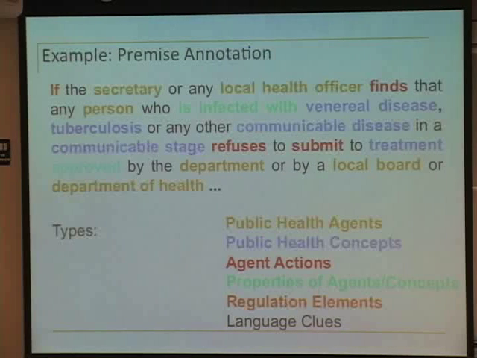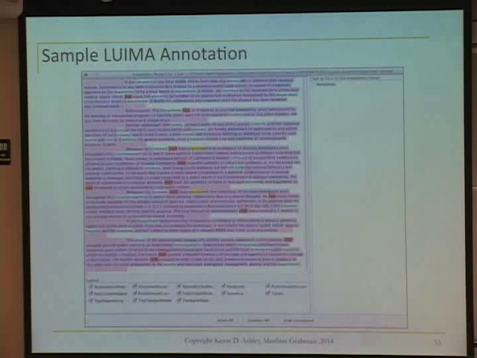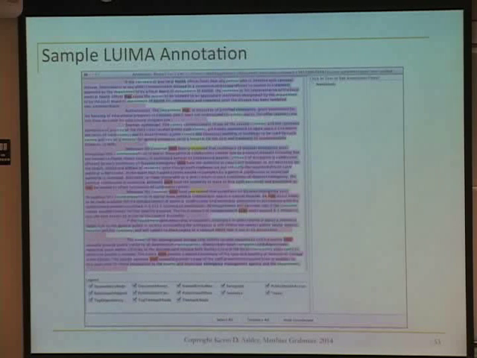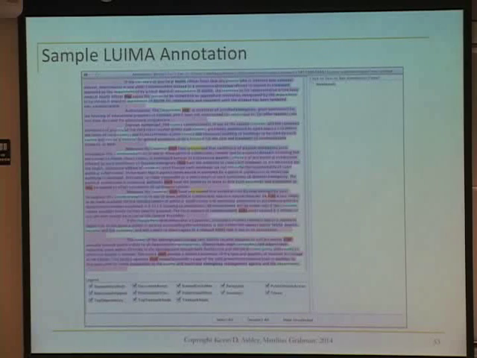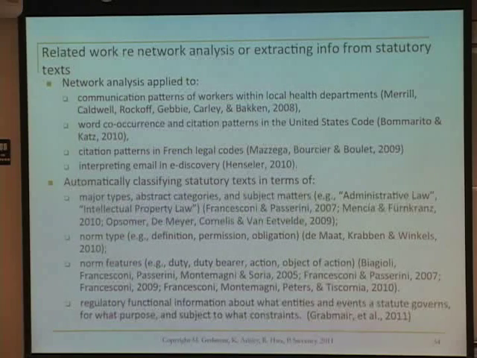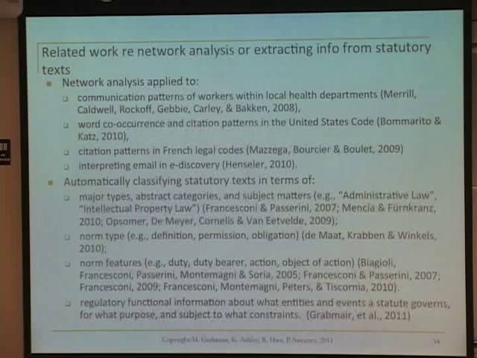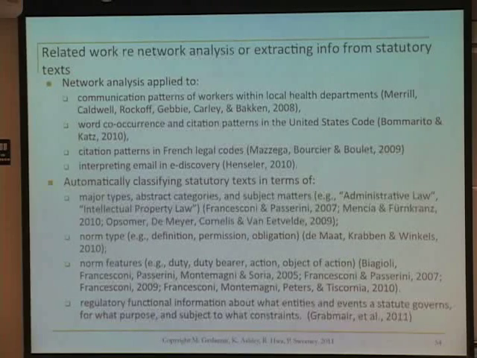And then for each of the premise and the consequent, we would annotate it in terms of the public health agents, concepts, agent actions, properties of the agents and concepts, some kind of an abstraction from the public health coding scheme, in that same kind of a LUEMA annotation environment, but this time where the types system has been tailored to this statutory domain, and see whether we can't improve on results in this area.